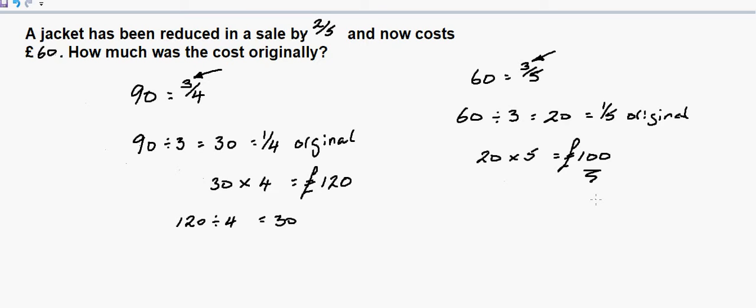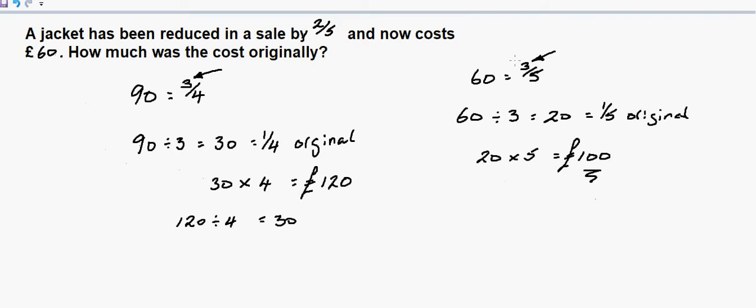So when you're doing percentages, find out what that number represents. If something's been reduced by 40%, then 40% from 100 means that this would be 60%. Then you would divide by 6. If this has been reduced by a fraction, then you find out what fraction the amount represents.